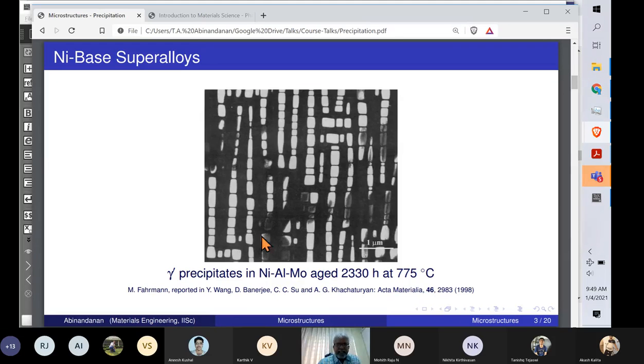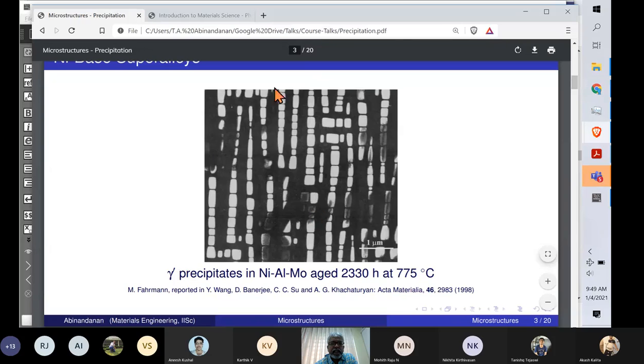Here's a very interesting series. The white regions are the precipitates, and of course the black regions are the matrix phase from which they precipitated out. Because of underlying symmetry and elastic interactions between these precipitates, they line up along specific crystallographic orientations.